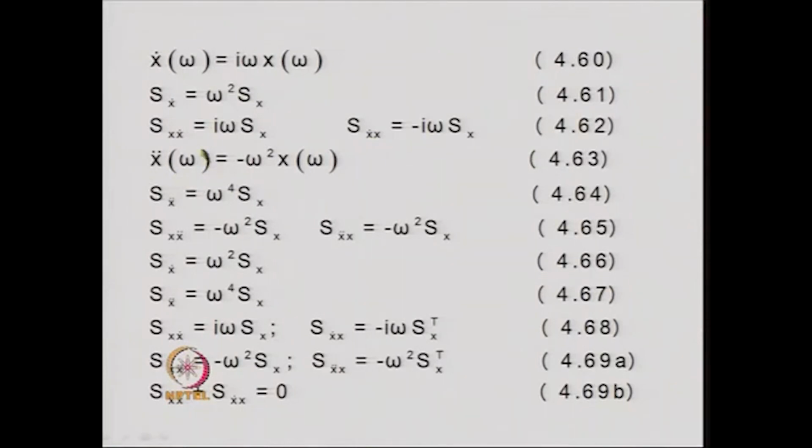Now, the x double dot omega, that is the frequency content of acceleration, can be related to the frequency content of the displacement using this relationship, that is minus omega square, because if we differentiate this once more, then I omega multiplied by I omega will become minus omega square.